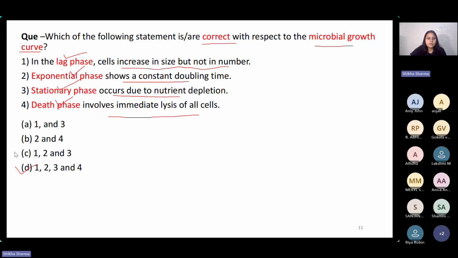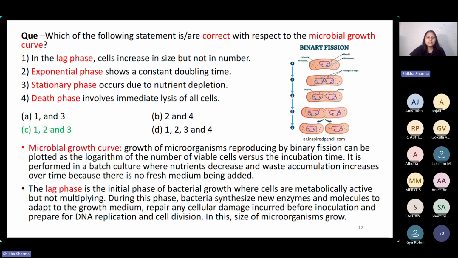Lakshmi is saying statements 1, 2, and 3 are correct, but the fourth statement is not correct. Anyone else who is giving an answer to this question? Okay, let's see the answer. So C is the correct answer.